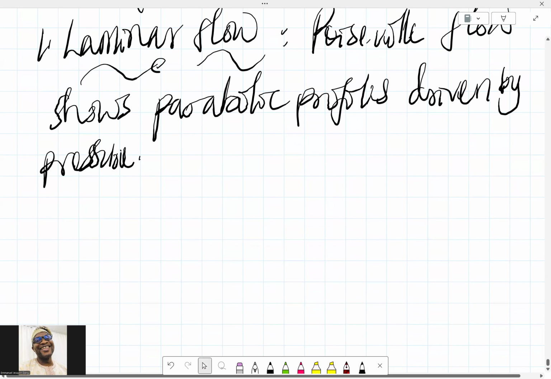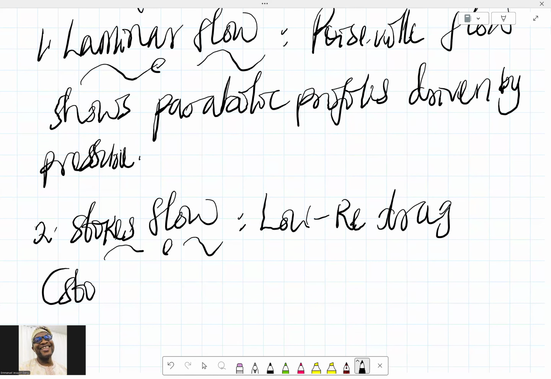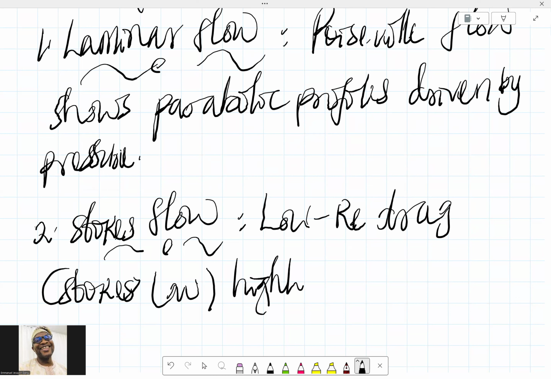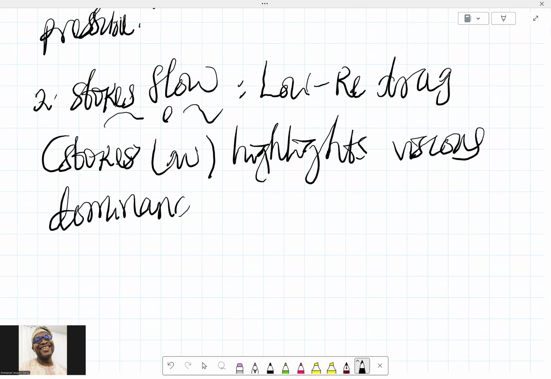Now we have Stokes flow. We are going to see some of this in the Python code. So that's low Reynolds number drag, which follows the Stokes law. Stokes law highlights viscous dominance.